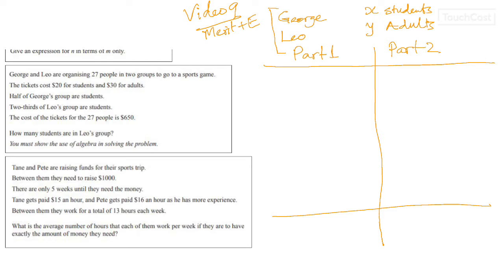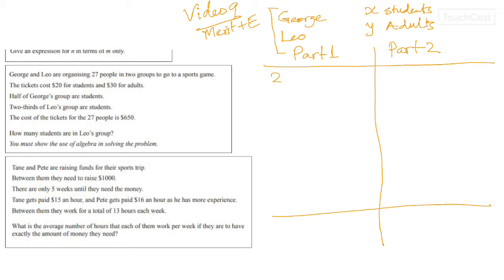Right, so let's solve the problem stage by stage. There is a part 1 to the solution. So each student pays $20 and the adult pays $30.